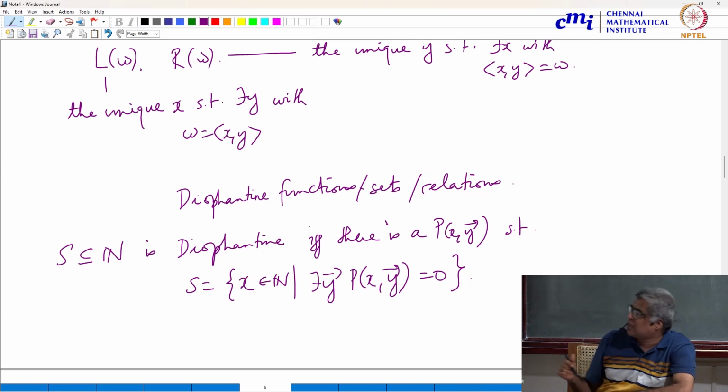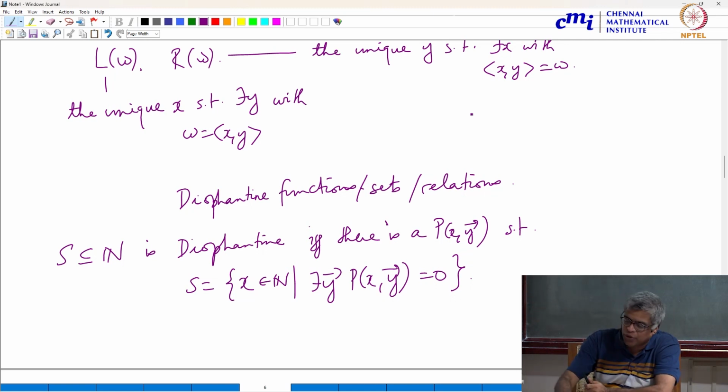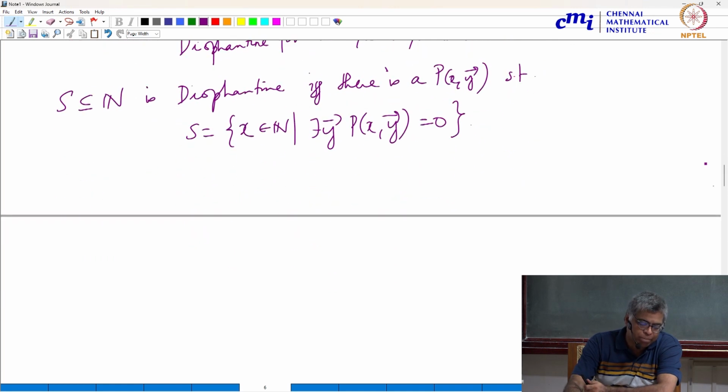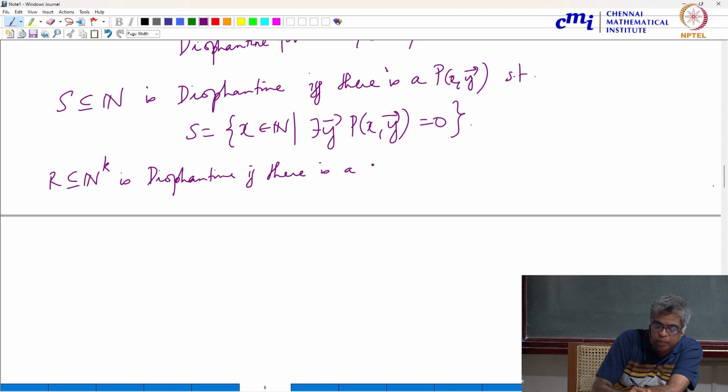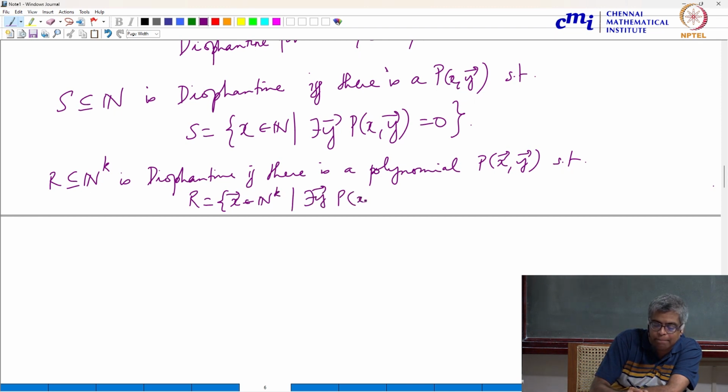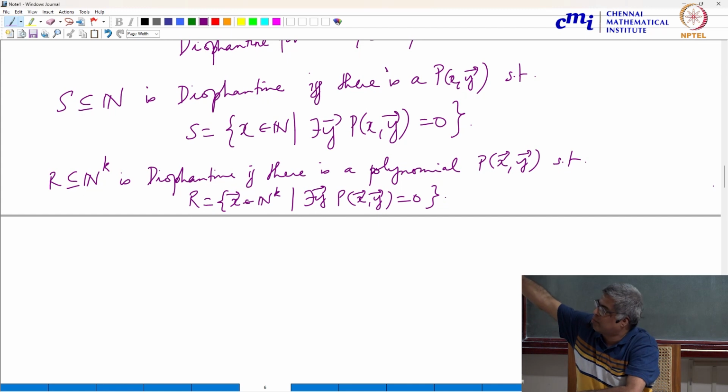Similarly, what is a relation but just a subset of N to the k? So you will say that a relation R, a subset of N to the k, is Diophantine if there is a polynomial P such that R is exactly the set of all k-tuples such that, if you plug in these k-tuples of values into the polynomial, for exactly these k-tuples you will find some solution.